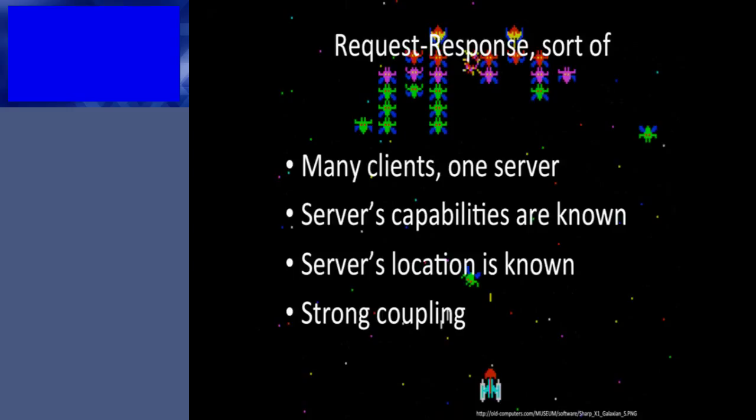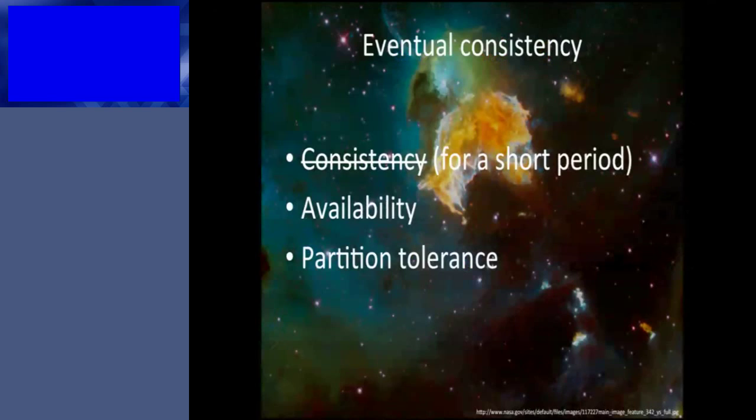In a nutshell, this is very much the same as RPC, yet there's no blocking call until the end of the operation. And that brings us to the concept of eventual consistency, which says that in a distributed system built with asynchronous messaging, state may not be entirely consistent at every single moment in time, but will eventually be.